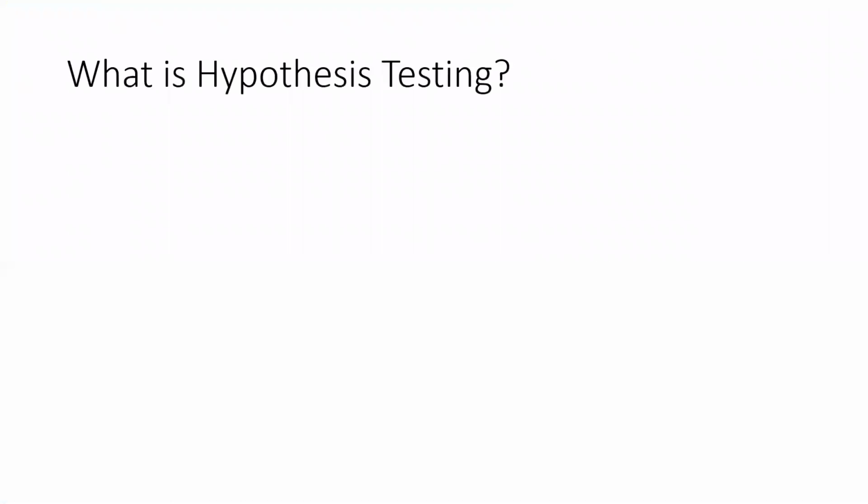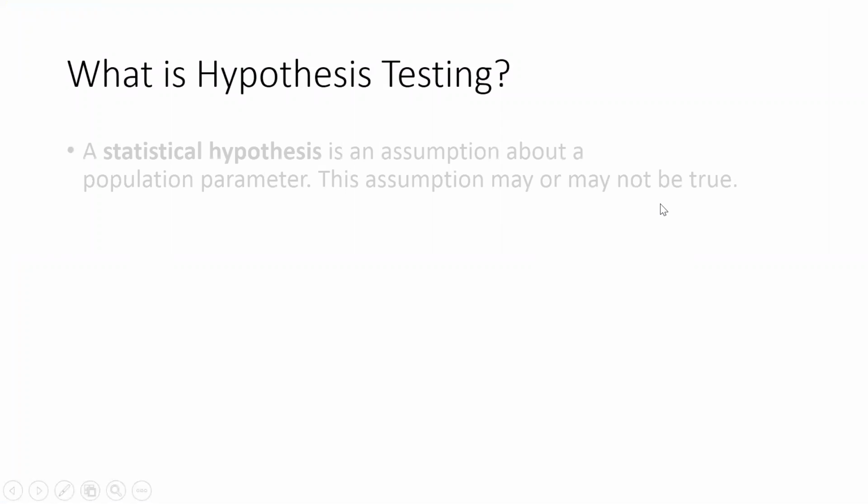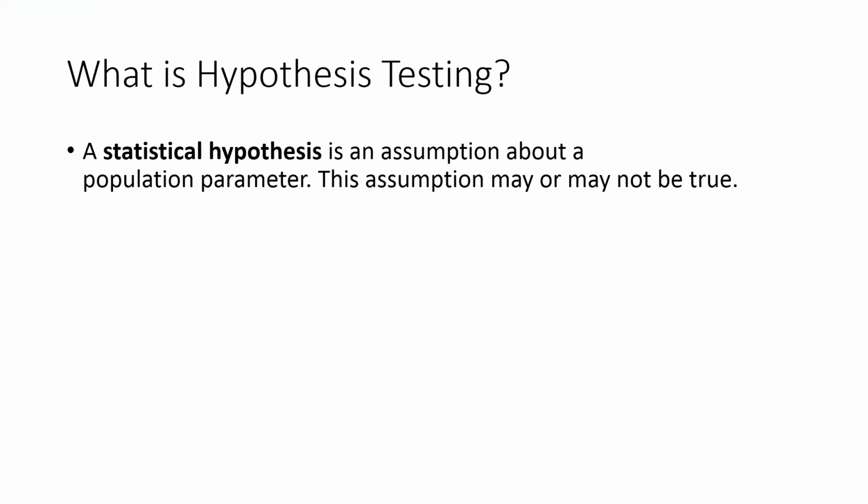Okay, so first we'll see what is hypothesis testing. So basically, as you can see the definition, statistical hypothesis is an assumption about a population parameter. Like what can be different population parameters?